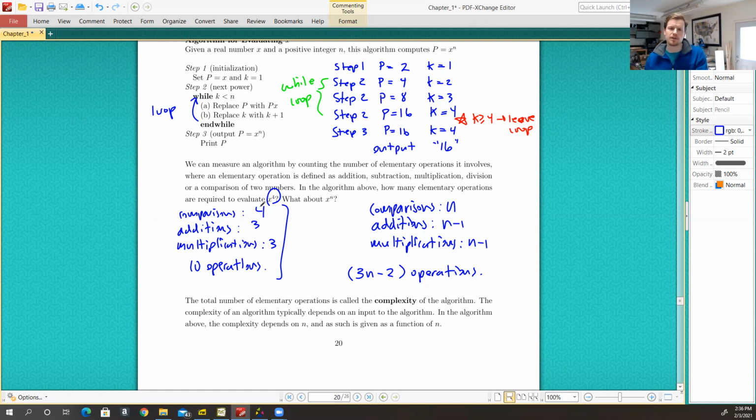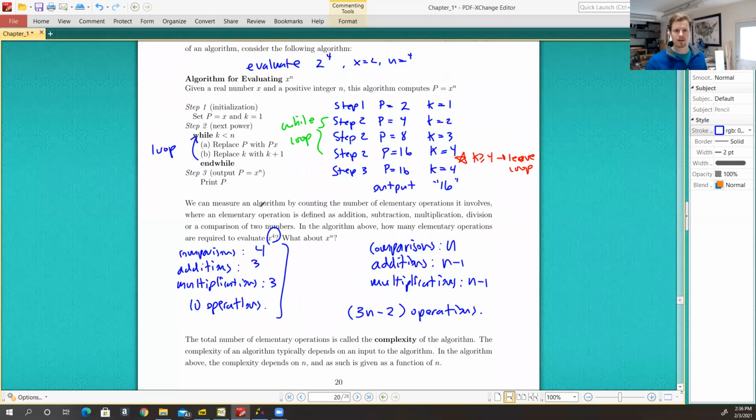But the algorithm is created to take inputs, and so how many operations there are when the algorithm is executed depends on the inputs that are given to the algorithm. If we would have increased the value of n here, we would have had to run through step 2 more times. So our complexity, the number of elementary operations, depends on n.